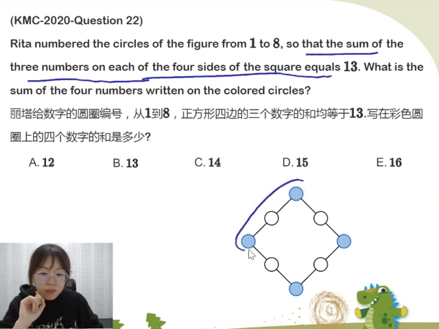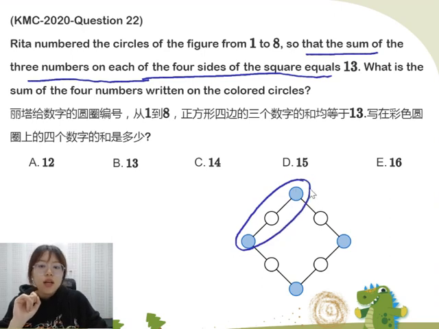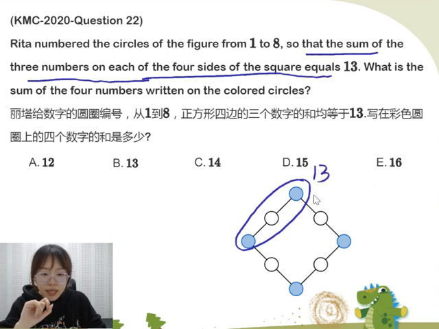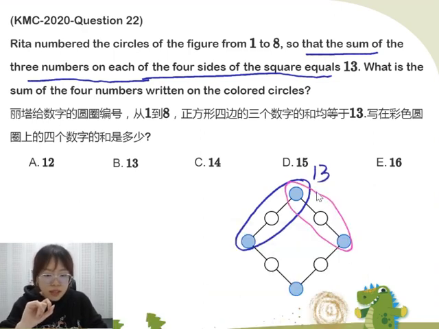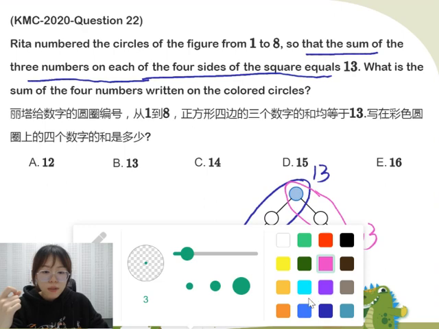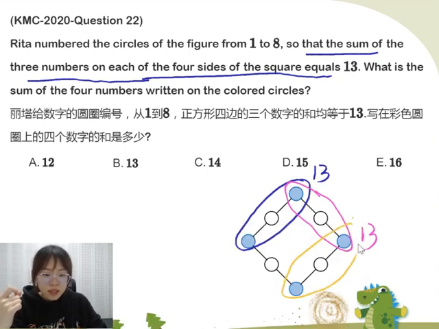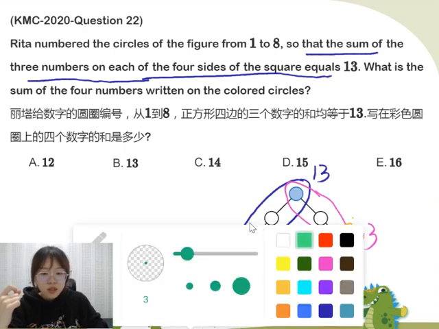Their sum is 13. And what about the sum on this side? Three numbers on the other side, on another side, 13 again. What about this yellow one? It's 13 again. What about this green one?